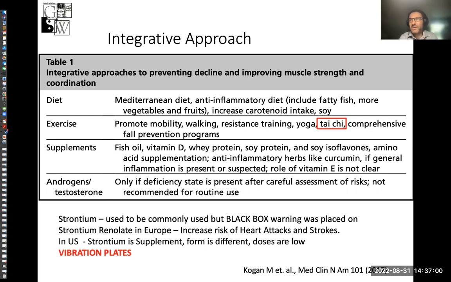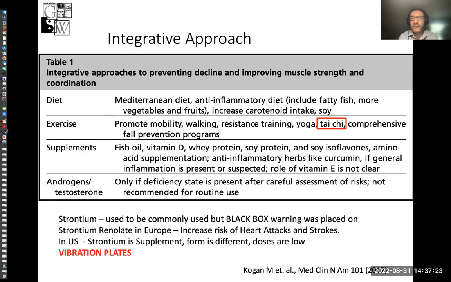It's not very clear exactly how it works, but there's a lot of evidence for that. Fish oil supplements, vitamin D, improved intake of protein, specifically soy isoflavones, anti-inflammatory herbs, and of course, lots of minerals, which we'll cover in a separate slide in a couple of minutes. So those are all very important.